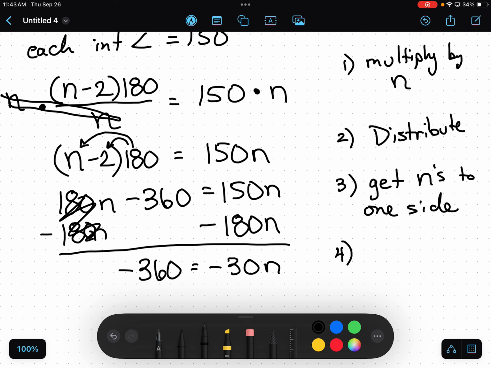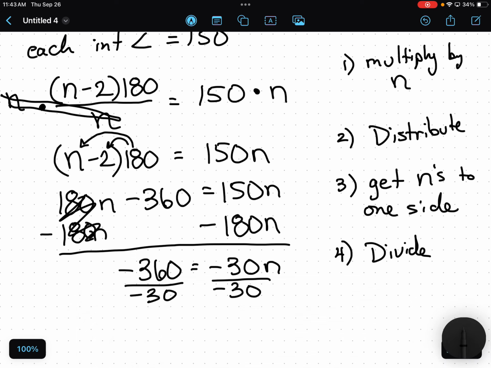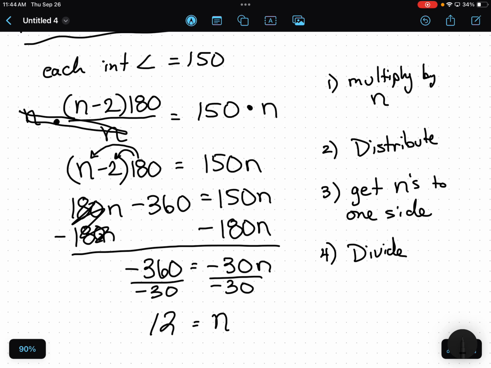And the fourth thing that you're going to do is divide. Two negatives make a positive, don't forget that. And then 360 divided by 30 is 12. So that's how many sides. So if it gives you the interior angle is that big, that's what you're going to have to go through to find that. Okay?